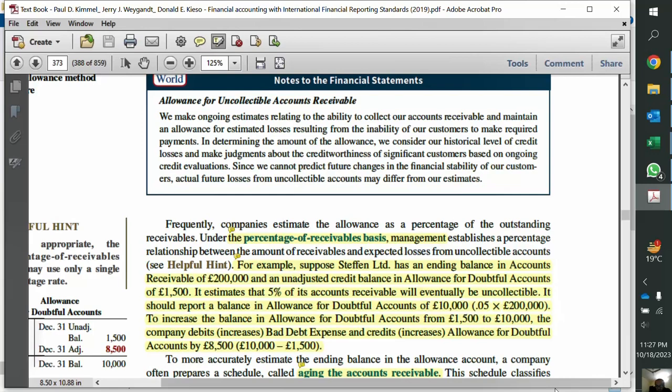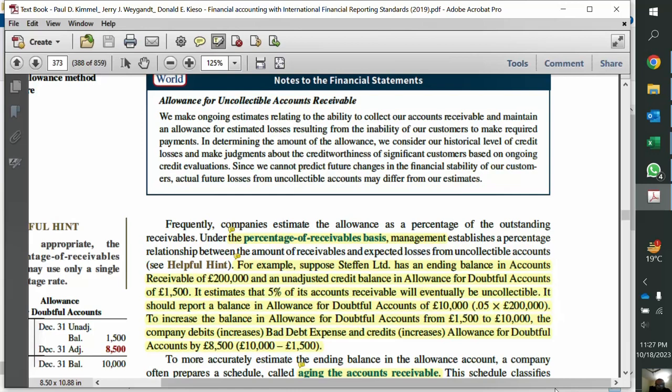The accounts actually written off during the year against the allowance would not necessarily be equal to the amount of the estimate. So there must be some amount left in the allowance for doubtful accounts.